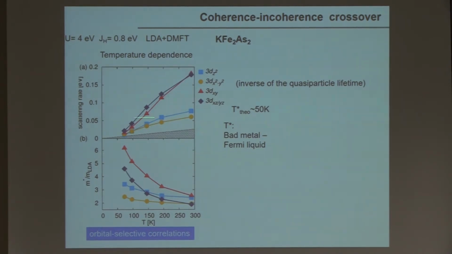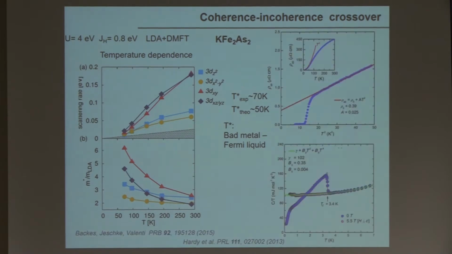So this is the scattering rate. That means that at very high temperatures, I do have, in fact, a very incoherent state. So I will have a bad metal, and going down in temperature, when the quasi-particle lifetime rises, this description in terms of quasi-particles wins again, and I go into the Fermi liquid region. And what I wanted to show here is that, in fact, this is very much orbital dependent.